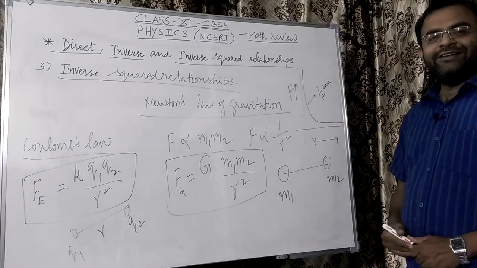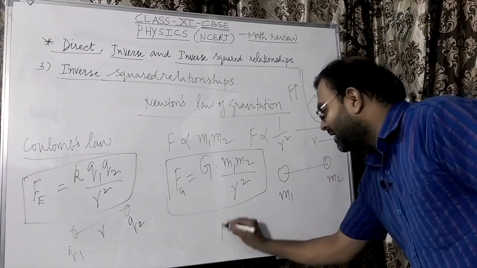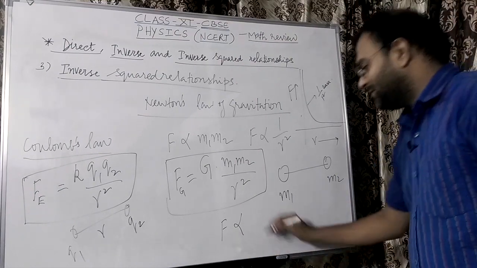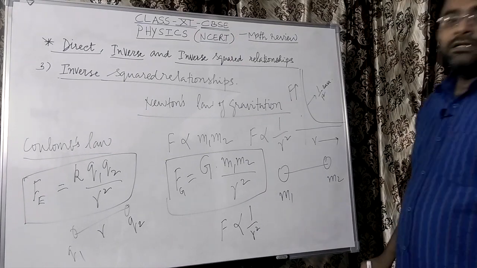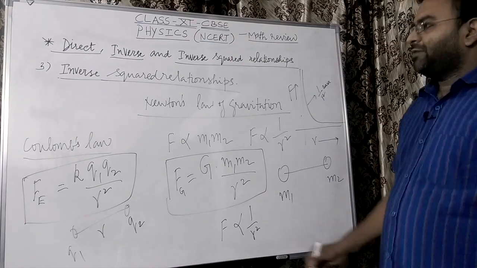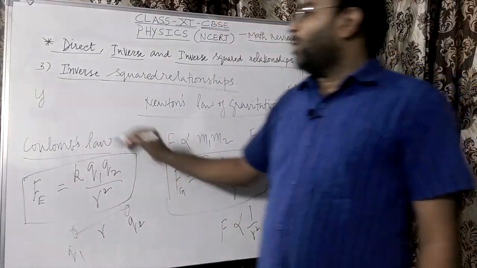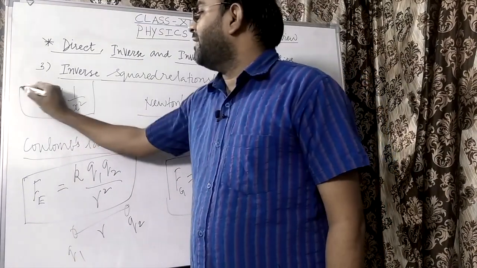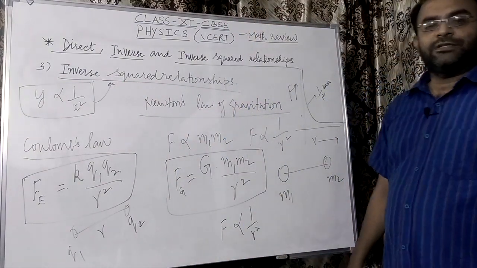Thus, some of the very fundamental laws in physics fall under this category of inverse square relationship, where the quantity on the left side is force and the quantity on the right side is the distance, and therefore force is proportional to 1 over r squared. Therefore, to generalize this, a quantity on the left side y is proportional to 1 over x squared. Such relationships, wherever you encounter, they all fall under the category of inverse square relationships in physics.